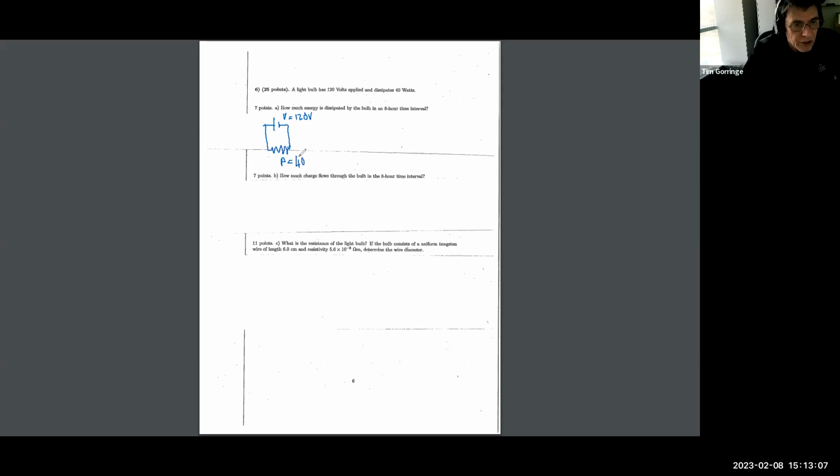First question: how much energy is dissipated by the light bulb in 8 hours? Really, this is a question about what power and energy dissipated mean. What's the relation between energy and power? Power is the change in energy, which I could write as delta E, divided by the elapsed time.